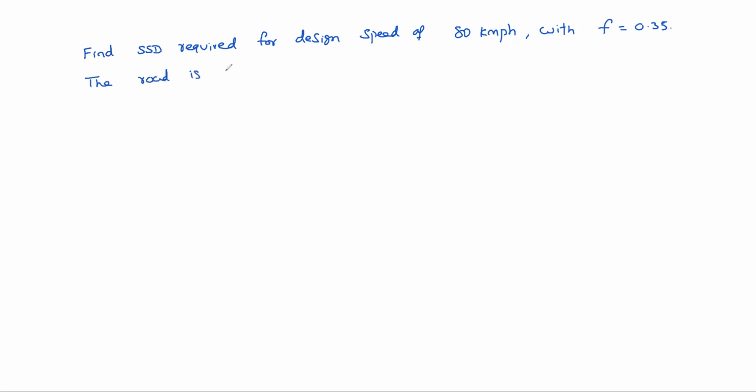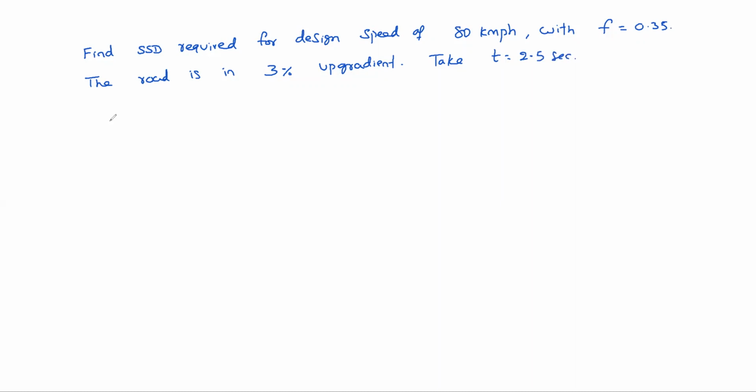The road is on a 3% upgradient. Take reaction time equal to 2.5 seconds. Okay, so upgradient 3%.